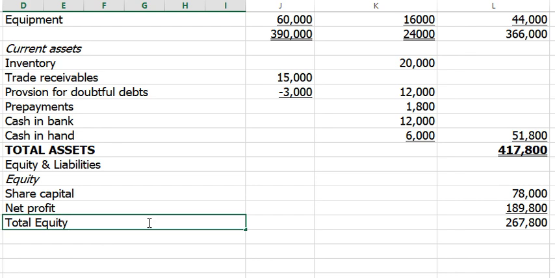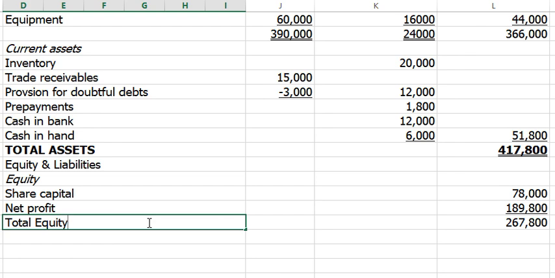Now within equity, sometimes you find other items like retained earnings. If you have retained earnings in the trial balance, then you will have to add them to the share capital, then you also add on the net profit. But in this case, we don't have retained earnings.